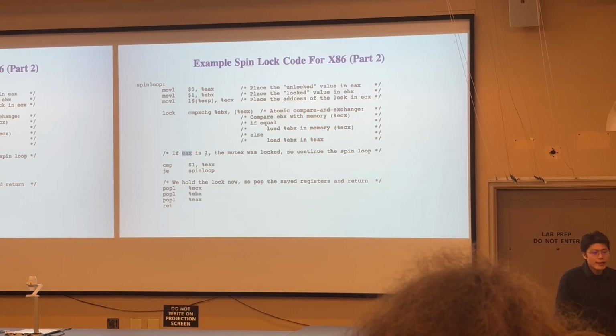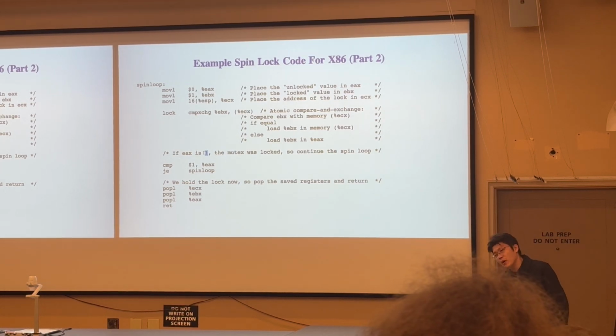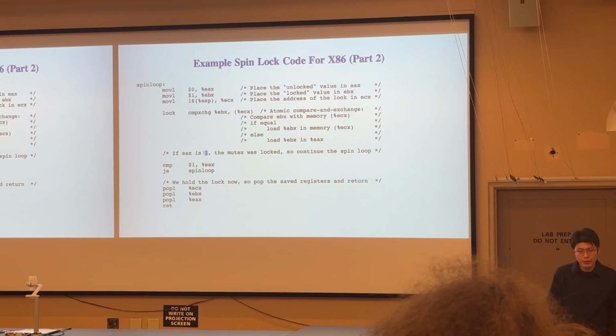If it's locked, then you continue the loop. You go back until you find that the EAX value is 0. That means the previous value of the lock was 0, which is when another process has released the lock. That's the high level idea of how this spin lock is implemented.